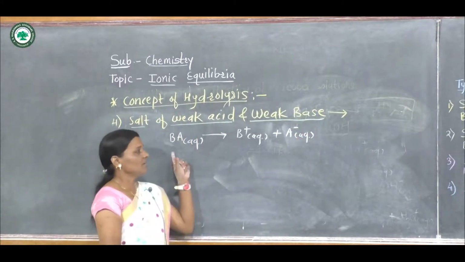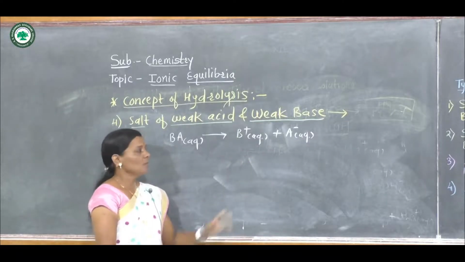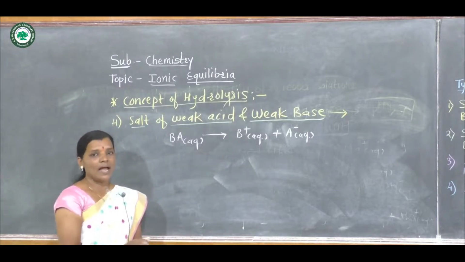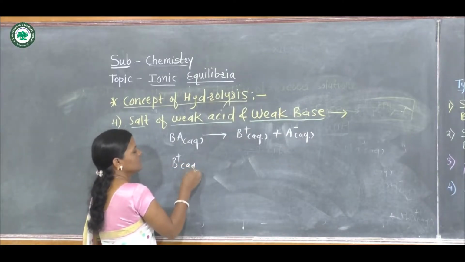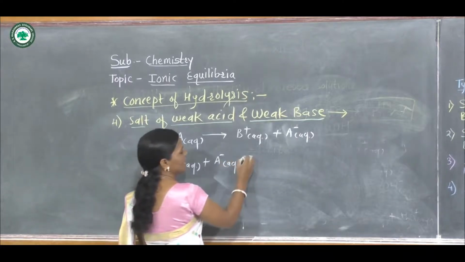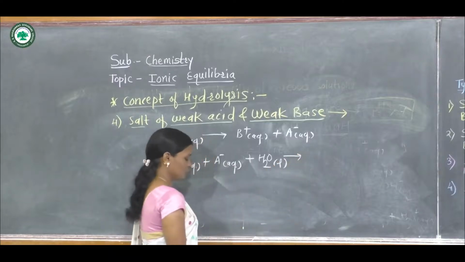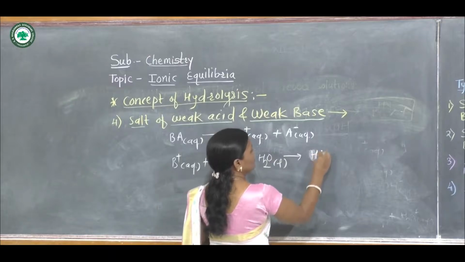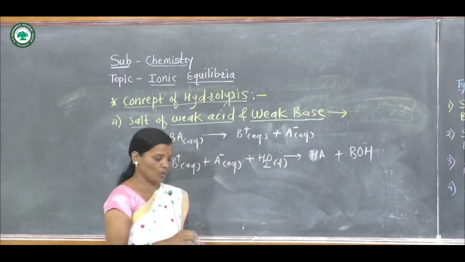Now in this equation, both the B plus and A minus ions formed have a tendency to react with ions of water. The B plus cations and A minus anions of the salt of weak acid and weak base interact with water to form weak acid HA and weak base BOH.